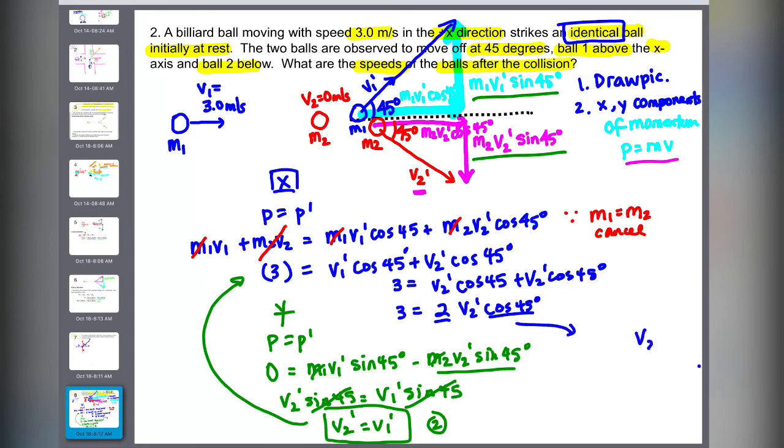I'm so sorry. So v2 prime equals 3 divided by 2 cos of 45. And v2 prime would be 3 divided by 2 divided by cos 45, 2.1 meters per second. Which also equals v1 prime.